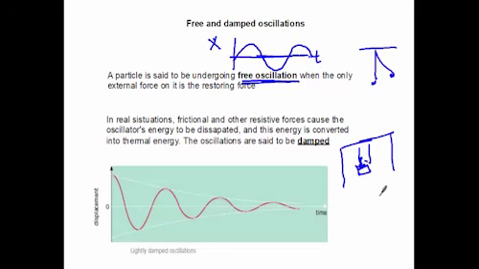Now, the amplitude can decrease rapidly or gradually, but it does not change linearly. This is the curve which is showing how the amplitude is changing.